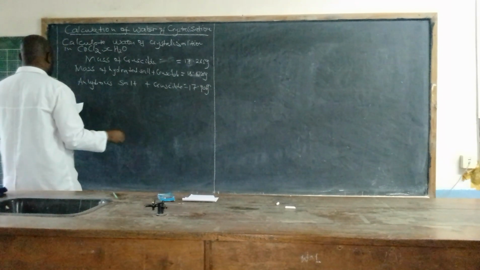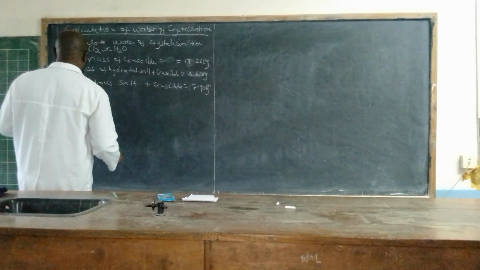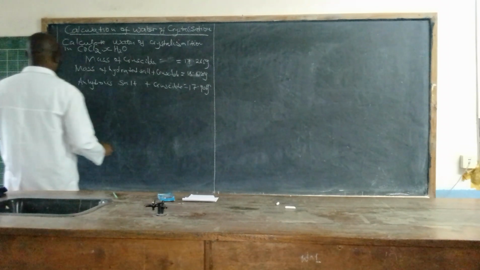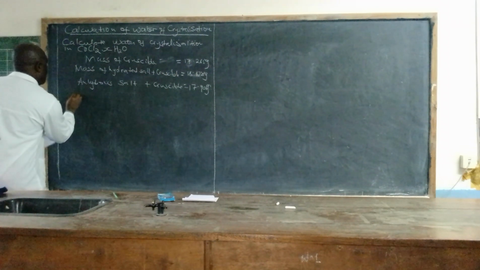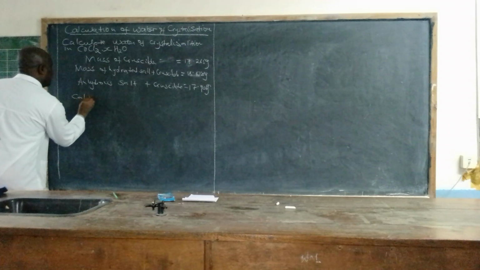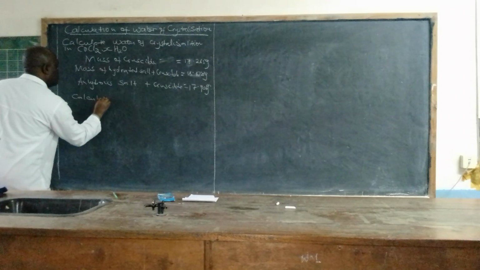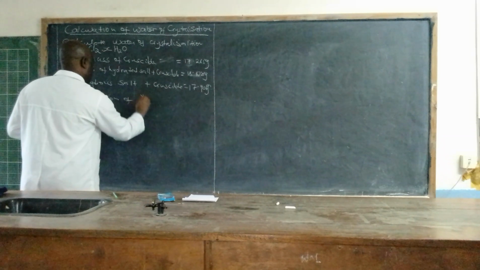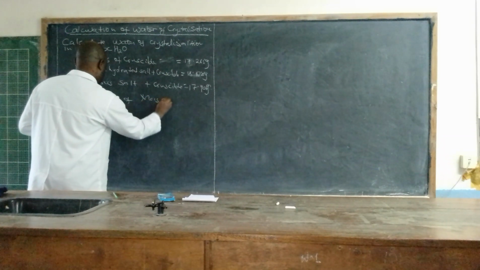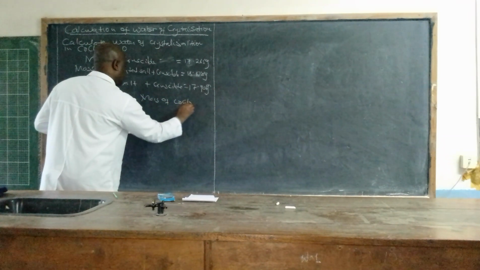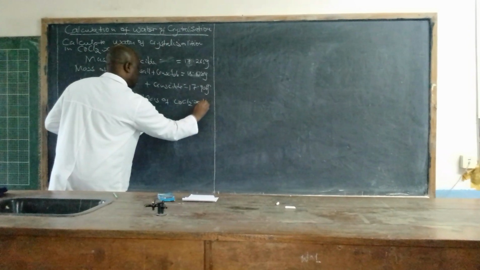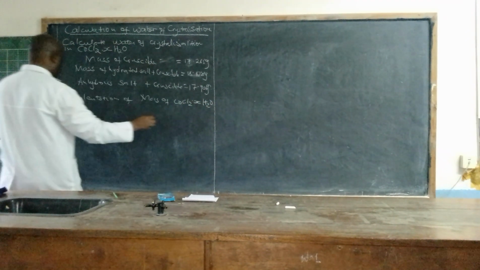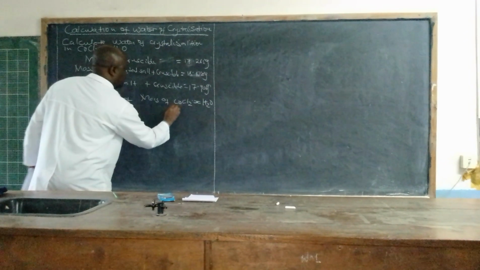So we need to calculate the mass of cobalt chloride and the mass of the X water of crystallization that evaporated.